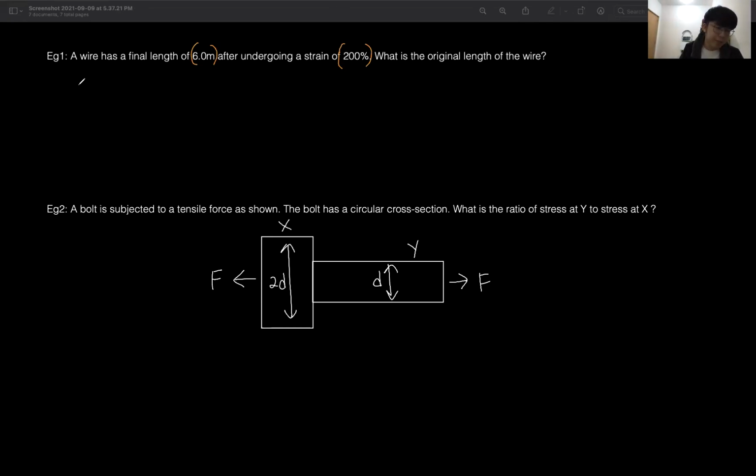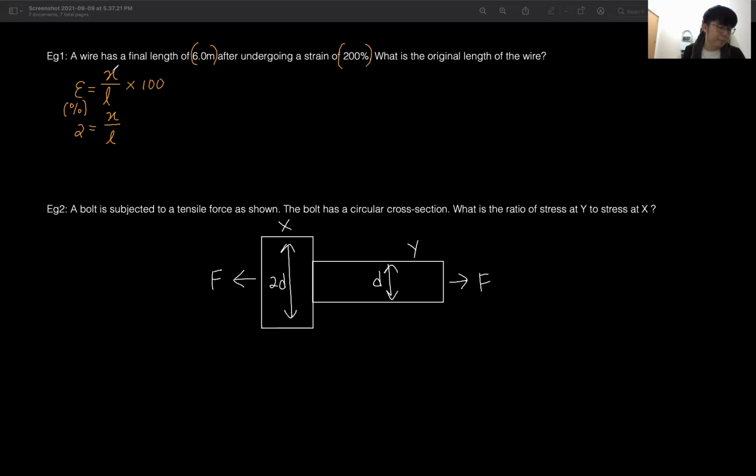We can write strain equals x over L, where L is the original length. Strain 200% is in percent, so I bring the 100 here, so I get 2 equals x over L.